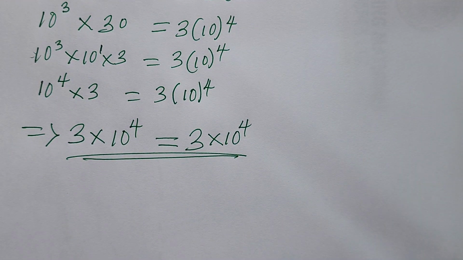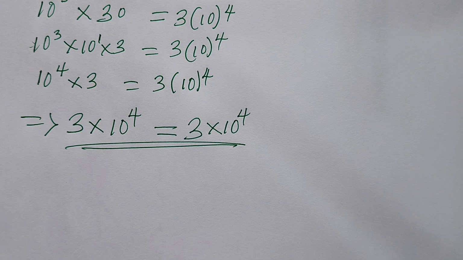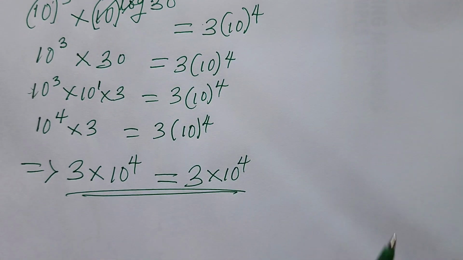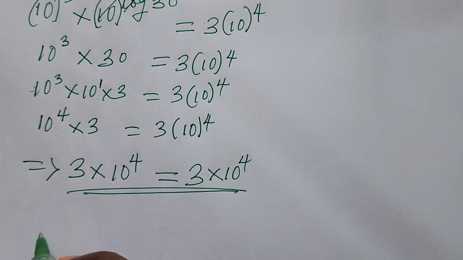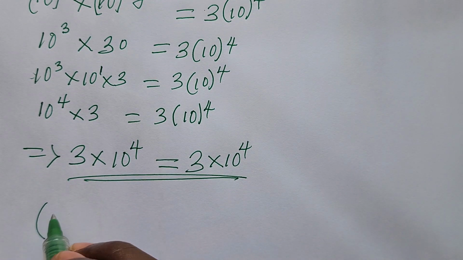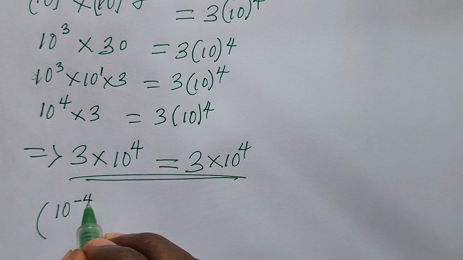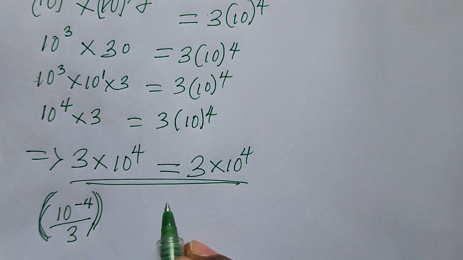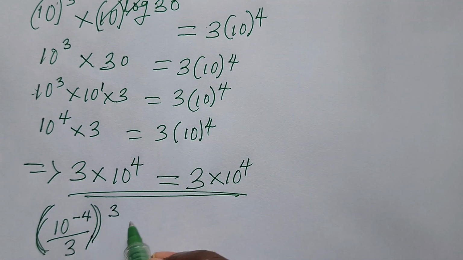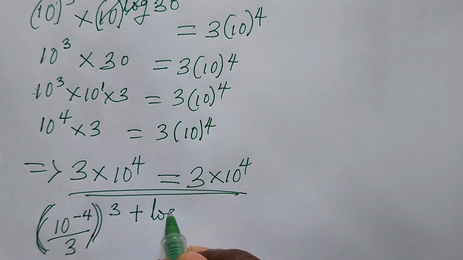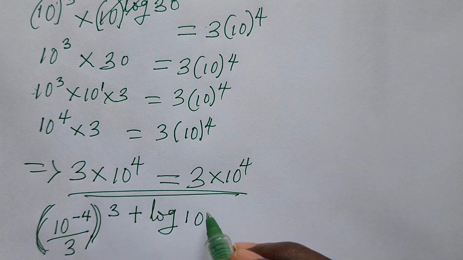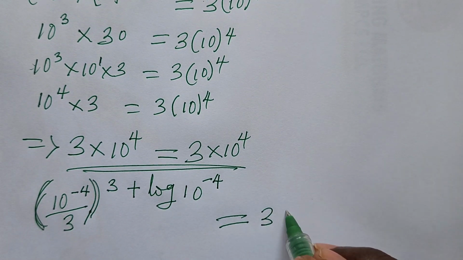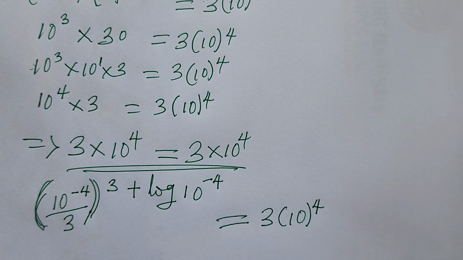So let's do a check for the second root, which is x equal to 10 to the power of minus 4. So we substitute that into our equation. So we have the bracket open, 10 to the power of minus 4, close bracket, all over 3, all raised to the power of 3, plus log 10 all raised to the power of 4, everything equal to 3 into 10 all to the power of 4.